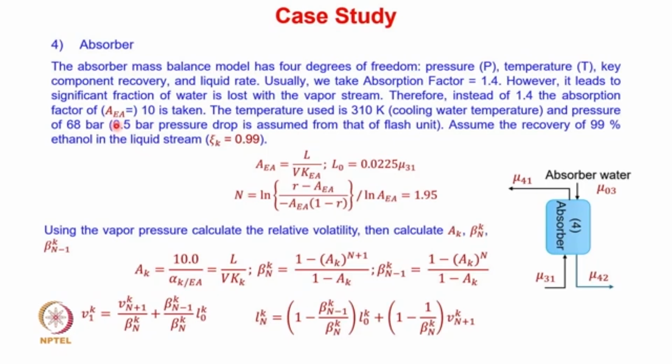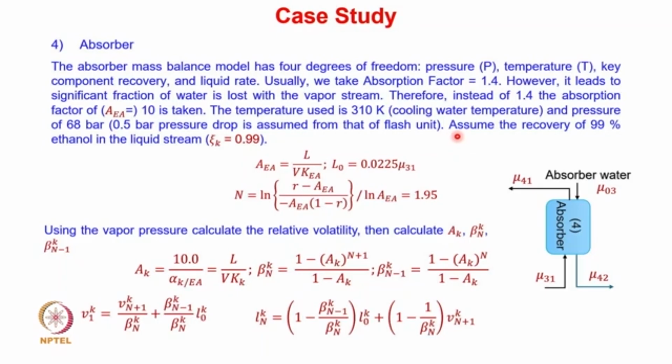So we take the absorption factor AEA equal to 10. We also use a temperature of 310 Kelvin and a pressure of 68 bar, and we assume a 0.5 bar pressure drop in the absorber unit.